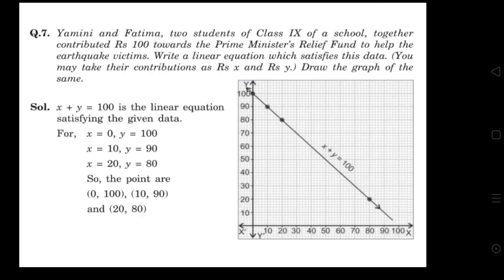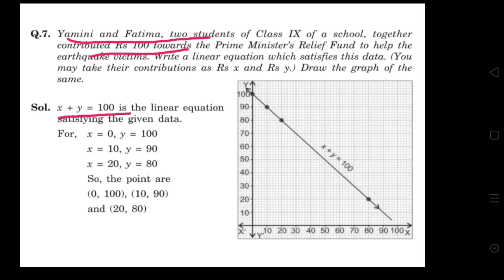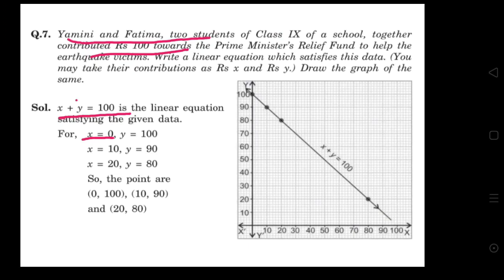Now here two students, let the contribution be 100, so the equation is x plus y equals 100. Afterward, if we take the value of x as 0, then y equals 100.